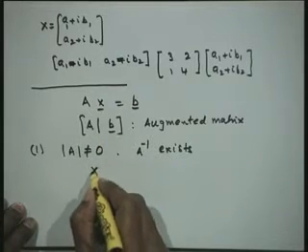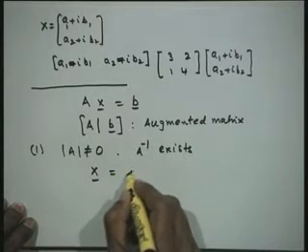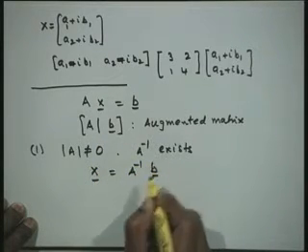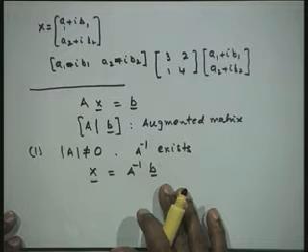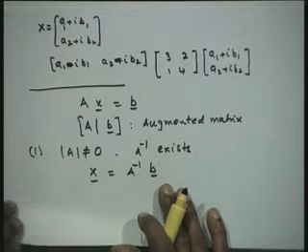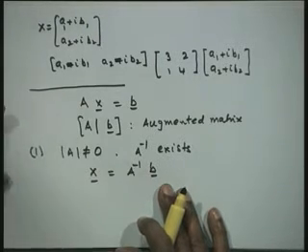Then I can write down the solution of this problem as x is equal to A inverse B. Therefore, if I can find A inverse, then I can write down the solution.